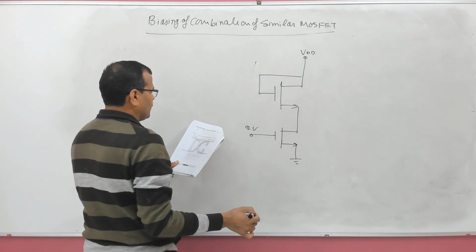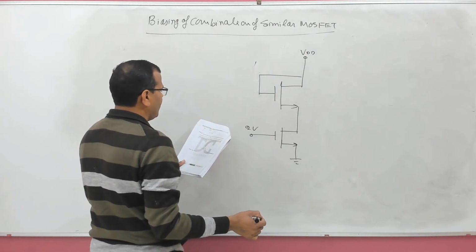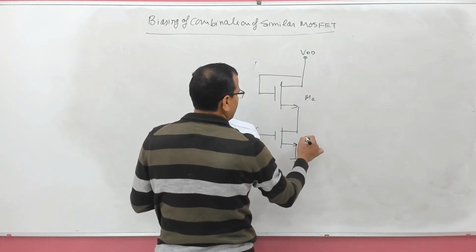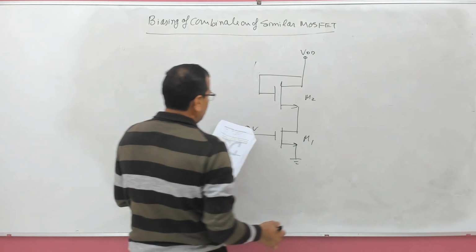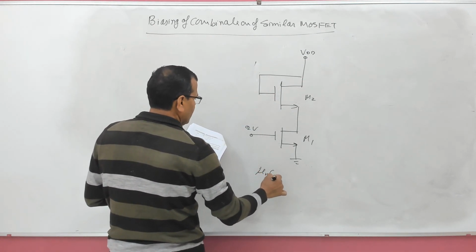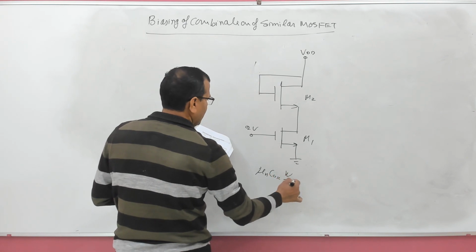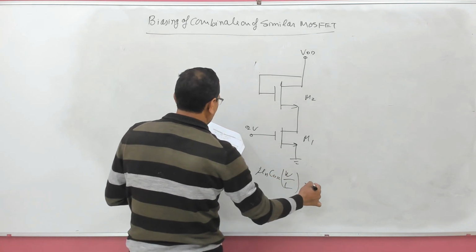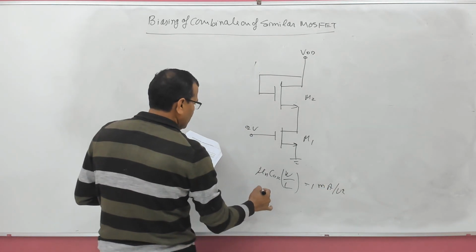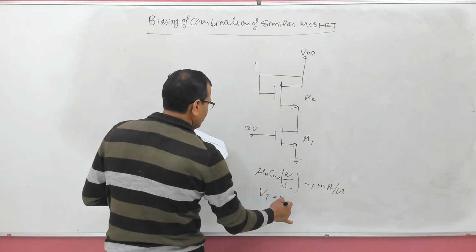Fine. So you have to find, this is M2, this is M1, right? You are given μn Cox W by L, that is given to be 1 milliampere per volt square. That's given to you. Threshold voltage is given to you, that is 1 volt.